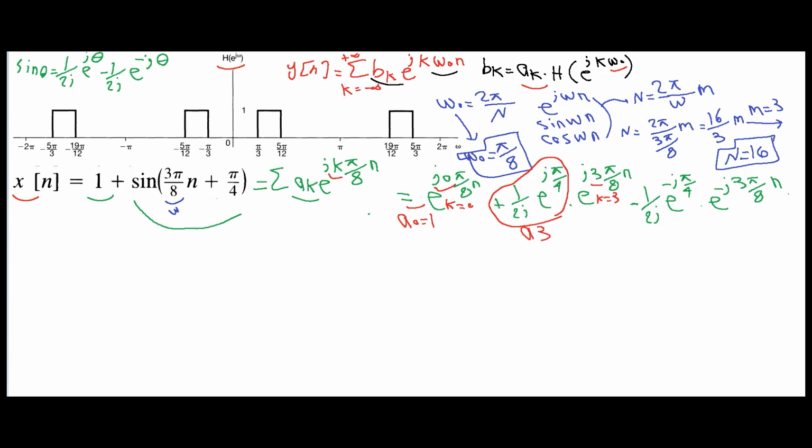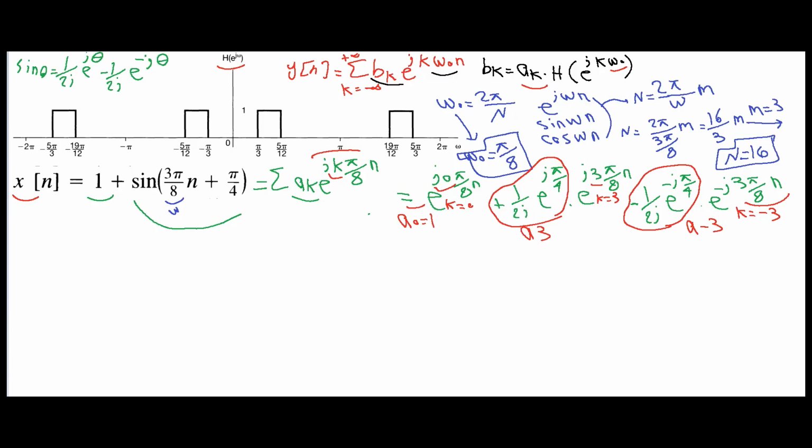And for the negative exponential, k equals -3 and a_-3 equals -1 over 2j e^(-jπ/4).